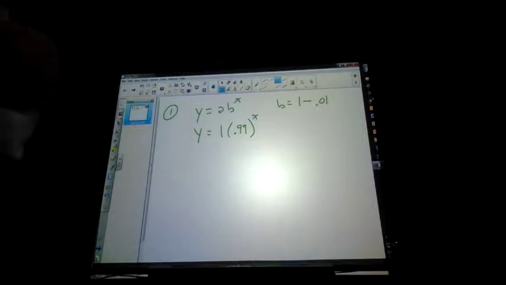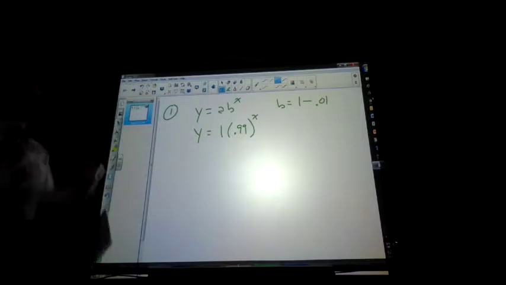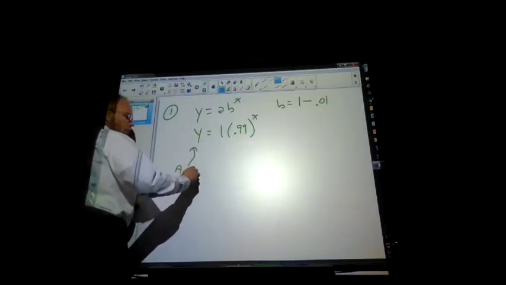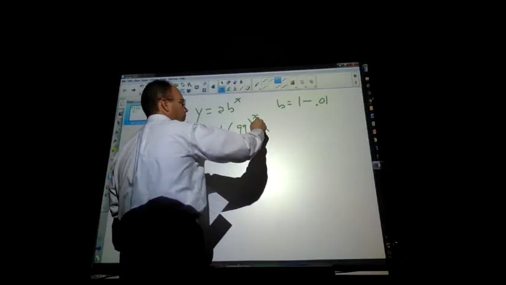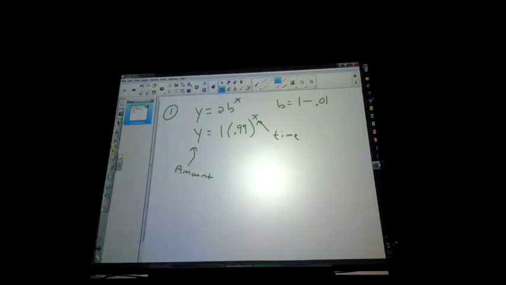Use the formula and your calculator to predict the time when there will be 0.1 grams left. Okay? Sound okay so far?